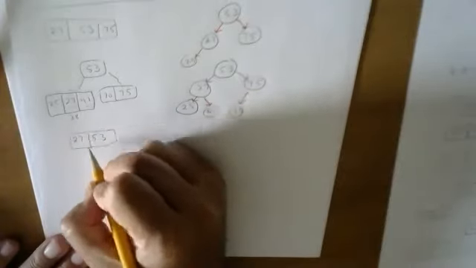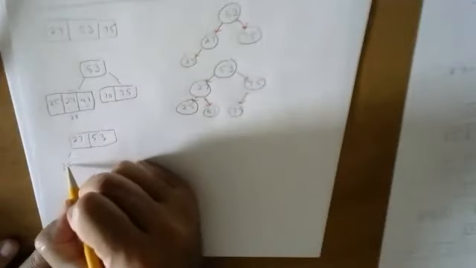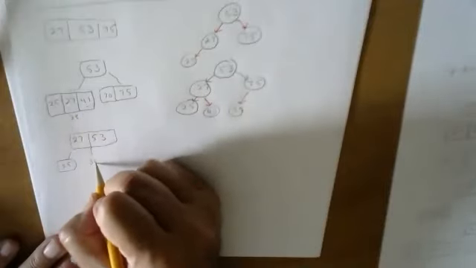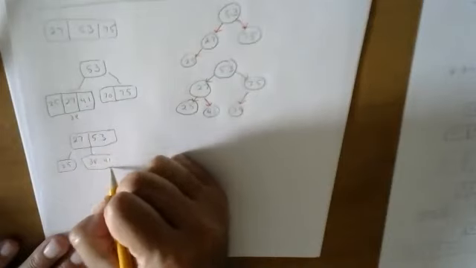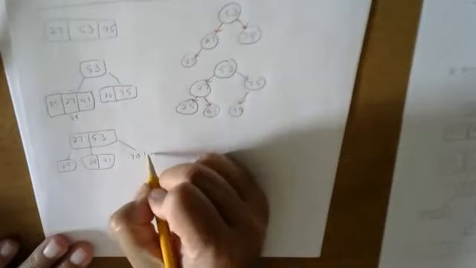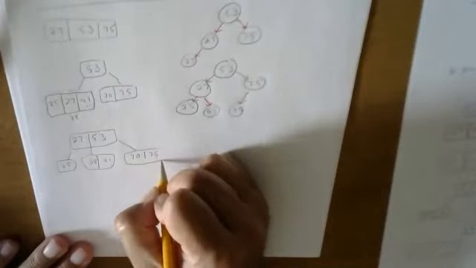This guy is blown up, so 27 is moving up to the root, which has room, so it's good. To the left of 27 was the 25. To the right of 27 is now going to be the 38 and the 41. And to the right of the 53 is still the 70 and the 75.